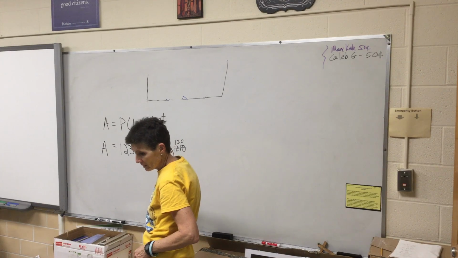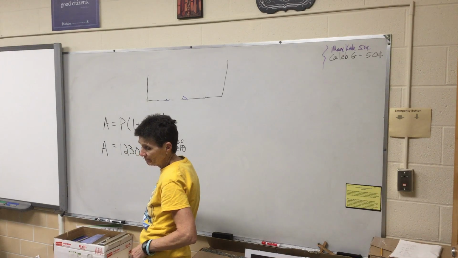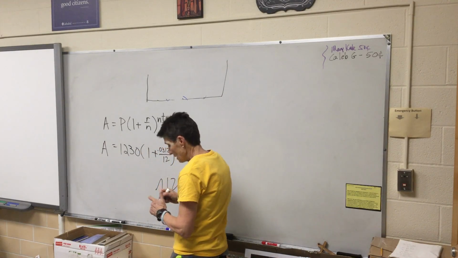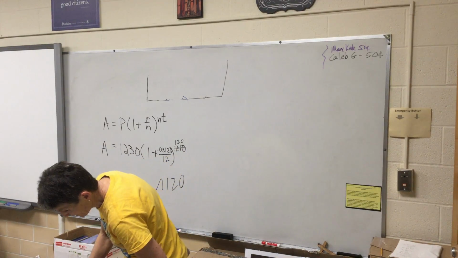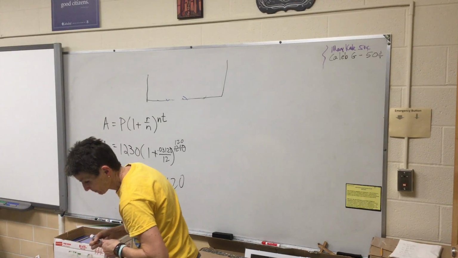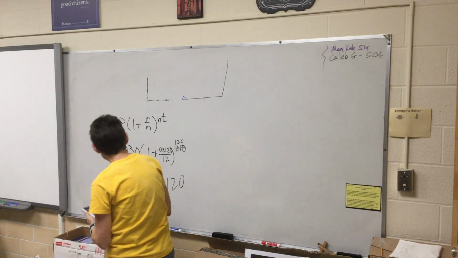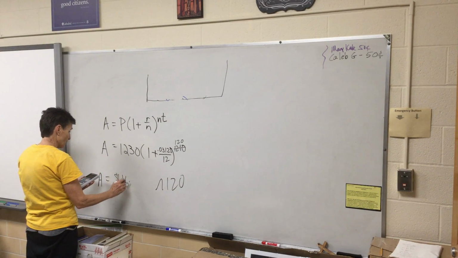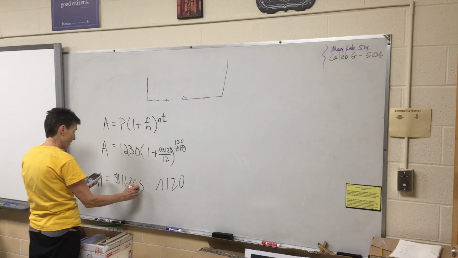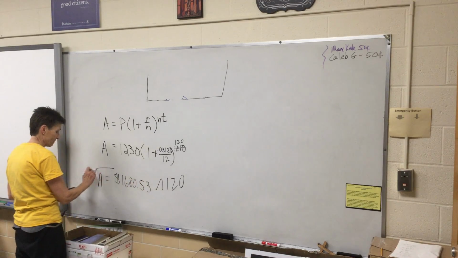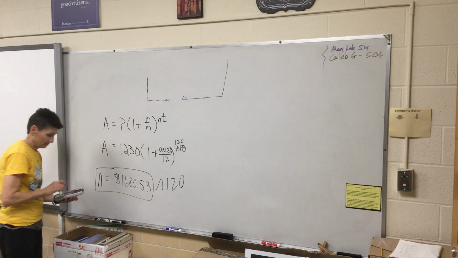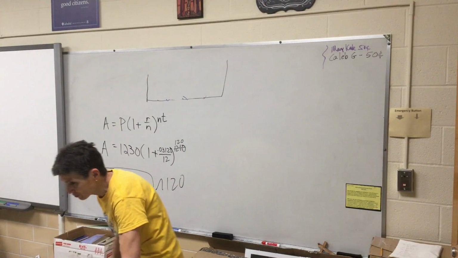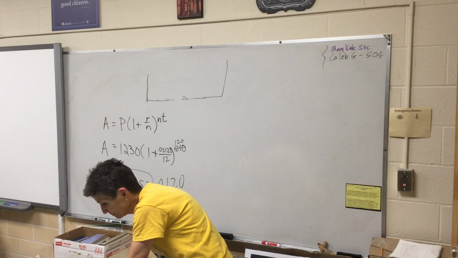It is right under the clear button. You raise it to 120 and hit enter. And you would have A equal to $1,680.53. It is really important, gang, that you're typing it in with us.